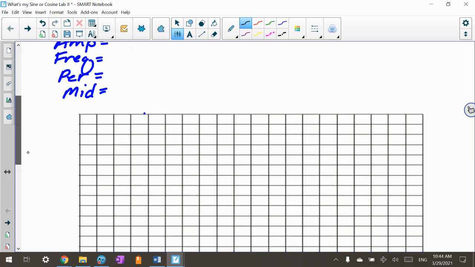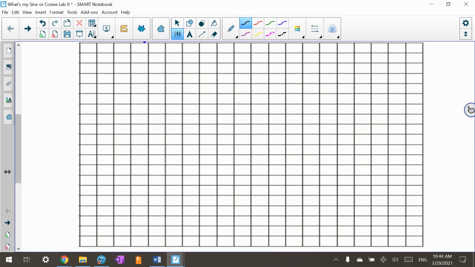And again, I don't have a ruler here, but I just want you to use most of the chart if you can. So I went 2 up from the bottom here and did my x-axis. There's my x-axis, and then for my y-axis, I went over a couple.